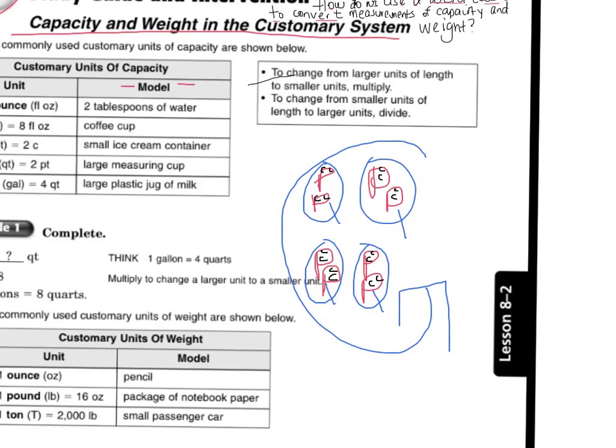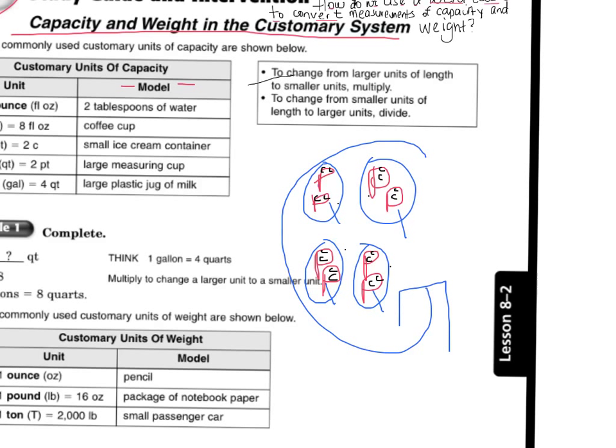Okay, so there's King G, and he had 4 queens in his family, grandma, mom, and 2 sisters. Each queen had a prince and a princess, and then each prince and each princess had 2 cats. That helps you remember that in 1 gallon there are 4 quarts. 1, 2, 3, 4.